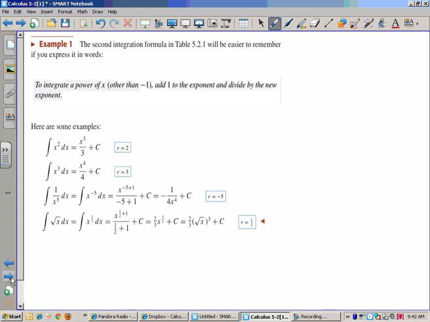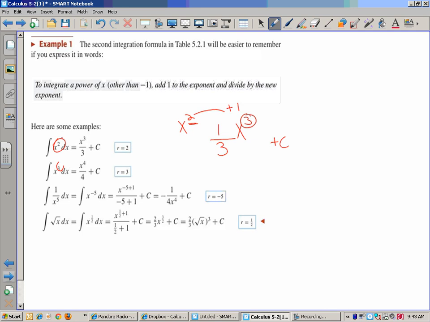Okay, so let's do some examples. If we have x to a power other than -1, we're going to add 1 to the exponent and divide. So, for example, we had x squared. Take the exponent and add 1, so we get x cubed. Since 3 is our new exponent, we would multiply by the reciprocal of that, and then plus c.